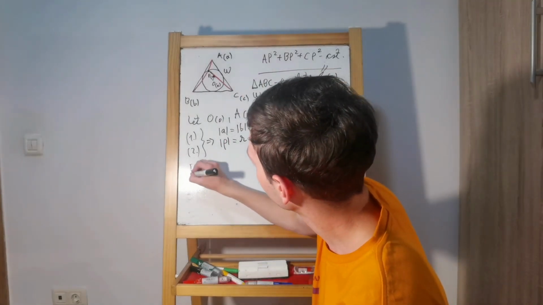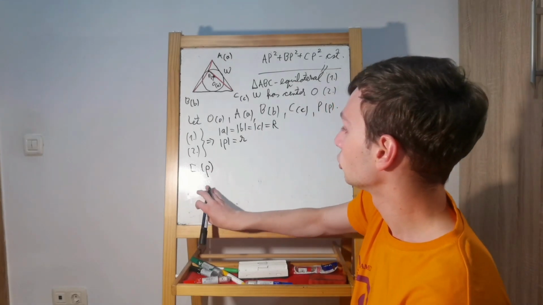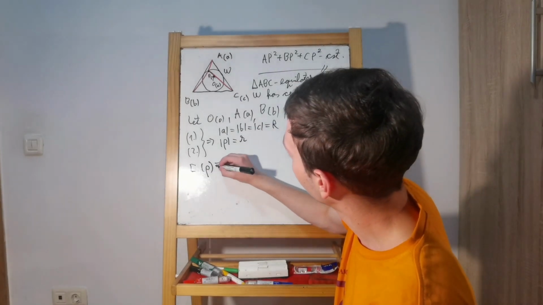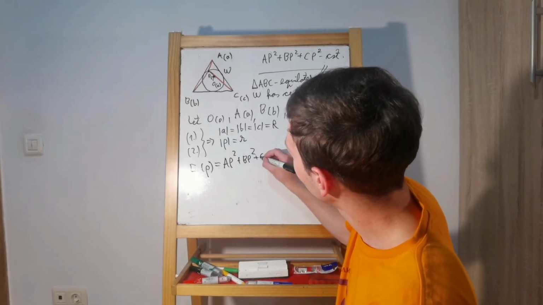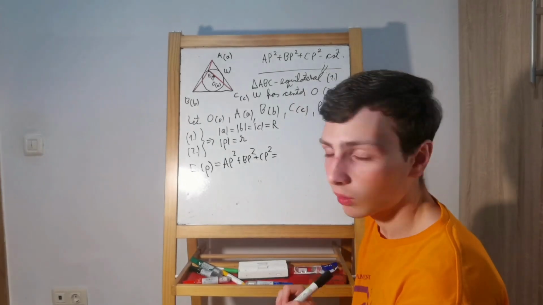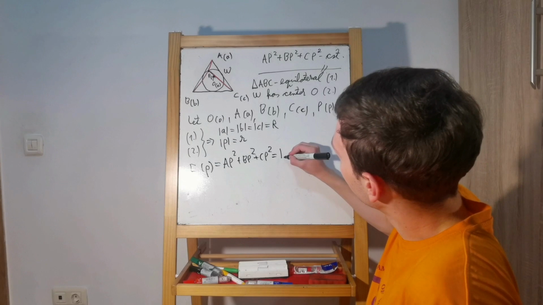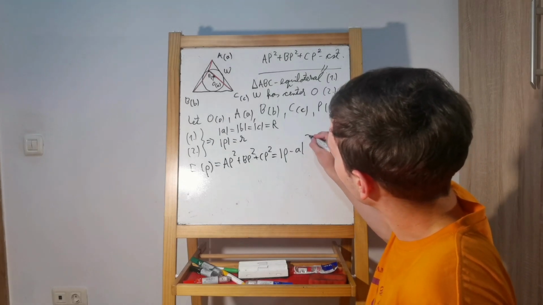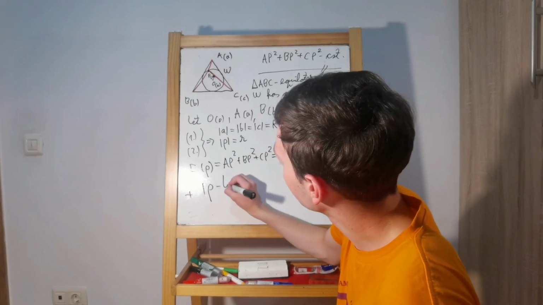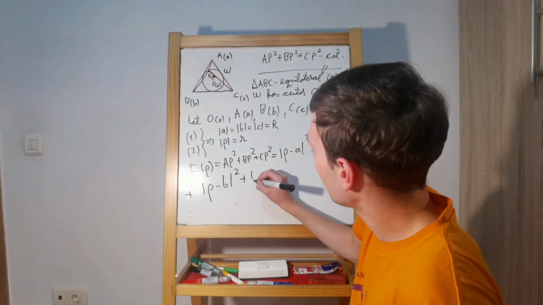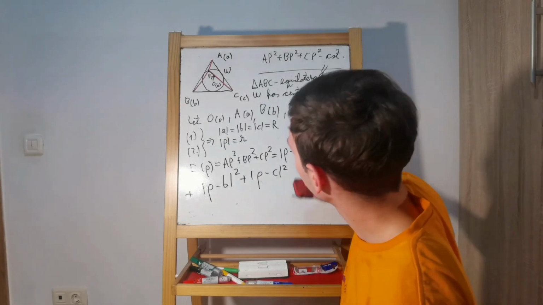So we'll write this as E of P, an expression in terms of P, which is equal to AP squared plus BP squared plus CP squared, which is equal to, let's see, AP squared will be an absolute value of P minus A squared, and then absolute value of P minus B squared, and then absolute value of P minus C squared.